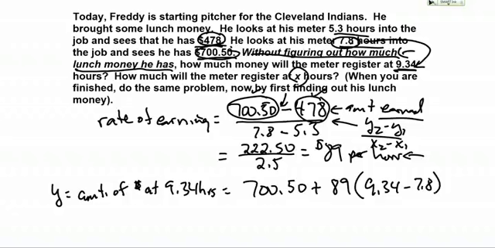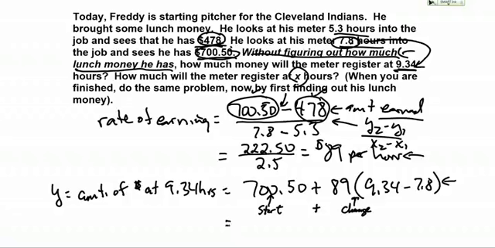And essentially we've solved the problem, because this is going to give us our starting amount, and then we add how much it changed over the intervening hours between 7.8 and 9.34 hours, with $89 per hour given to us.